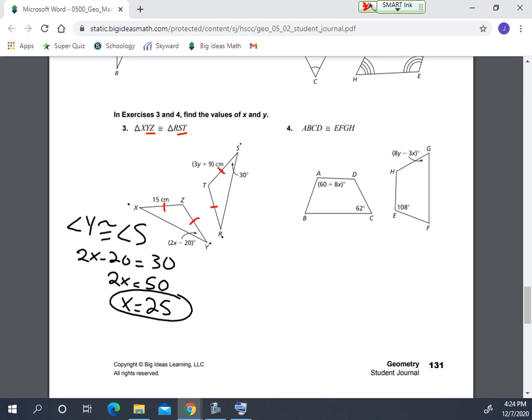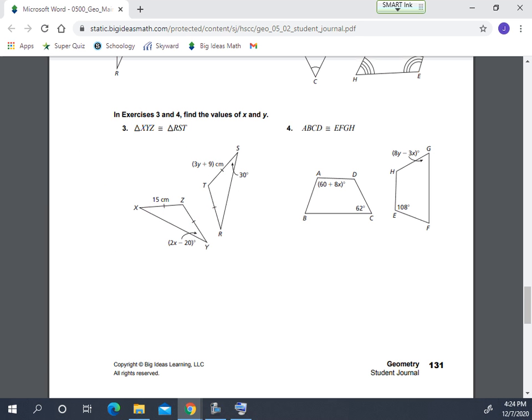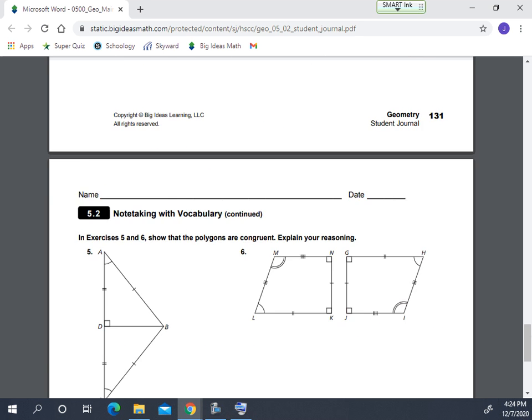So we know that 15 is congruent to 3y plus 9. If I subtract, I get 6 is equal to 3y, and that y is equal to 2. Again, I'm going to let you guys do number 4. It's good practice. I'm going to move on.